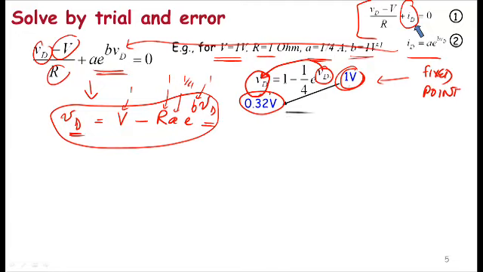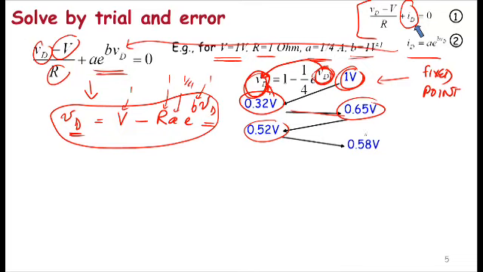So I say, okay, let me try 0.32 volts. I plug 0.32 volts on this side, and I get 0.65 for VD on the right-hand side. So let me try punching that 0.65 in and see what I get. I get 0.52 for the VD on the left-hand side. Let me punch that into the VD on the left. What do I get for VD on the right? I get 0.58 volts.